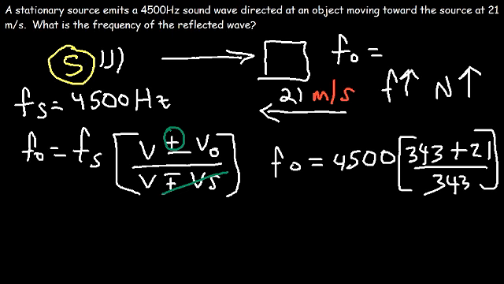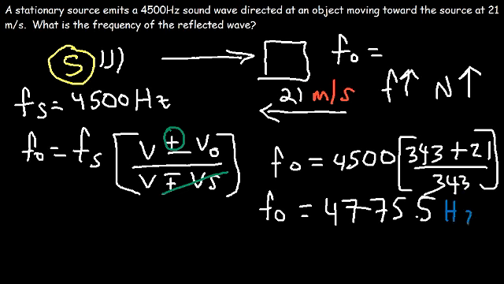You should get a frequency of about 4775.5 Hertz. So that is the frequency that is detected by the object. And that object is going to reflect that sound wave at the same frequency.